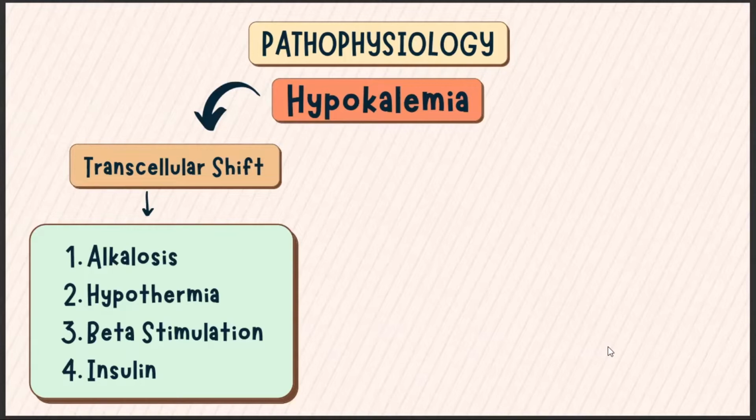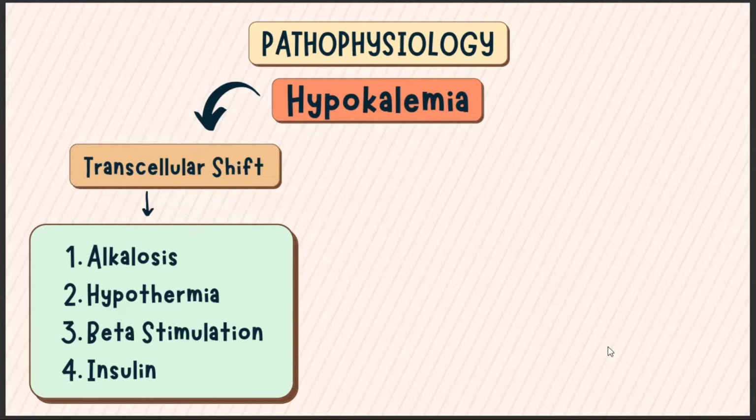Let me share with you the four causes of transcellular shift. We have alkalosis, and the second cause is hypothermia. Please note that rewarming the patient results in normalization of potassium levels.